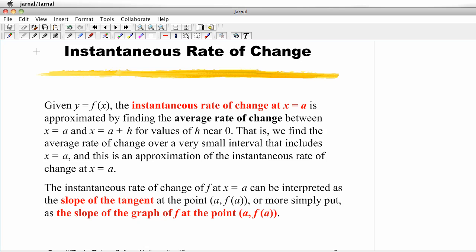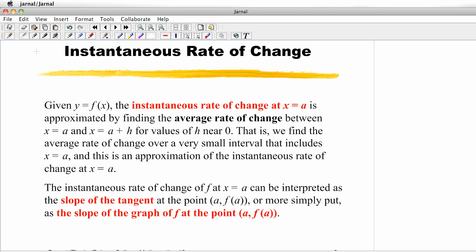So the way we calculate this is actually very similar to what we did in the last section, where we say we know how to do average rate of change, and so if I want to find my instantaneous rate of change, I'm just going to calculate the average rate of change over a very, very small interval.